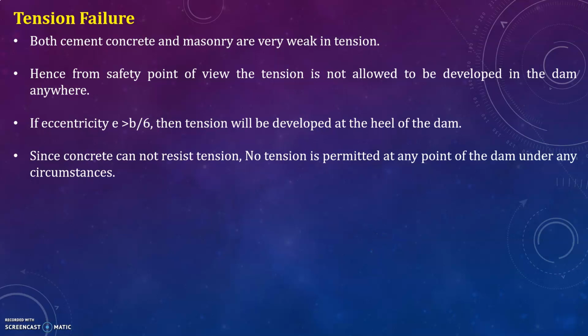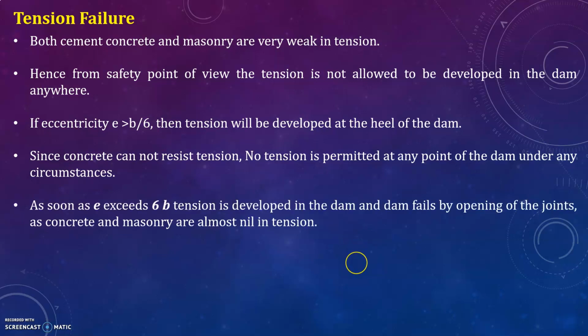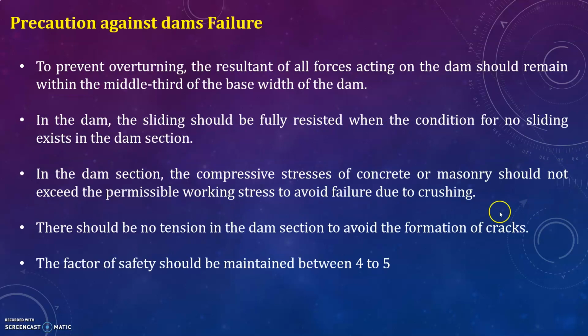Since concrete cannot resist tension, no tension is permitted at any point of the dam under any circumstances. As soon as e exceeds B/6, tension is developed in the dam and dam face by opening of the joints, as concrete and masonry are almost nil in tension.